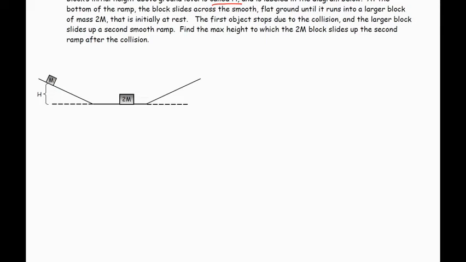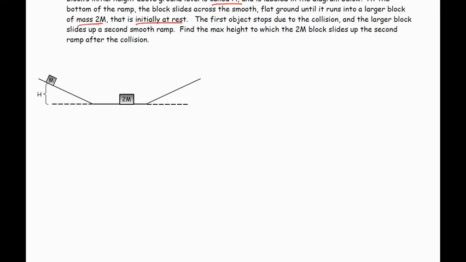At the bottom of the ramp, the block slides across smooth, flat ground. So the smooth, flat ground is telling us there's no friction slowing it down, until it runs into a larger block of mass 2m that is initially at rest. So this is important.